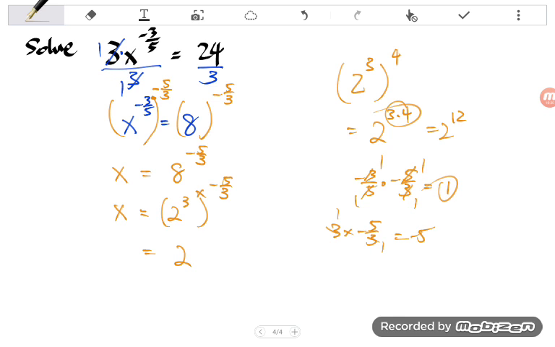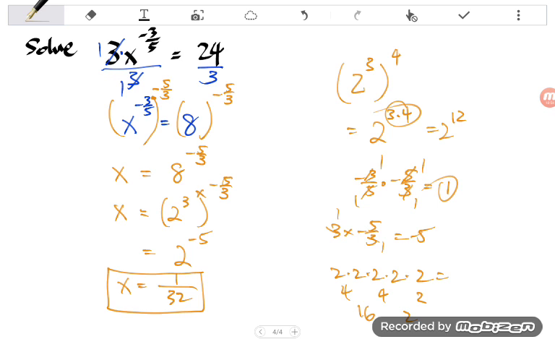Right? 2 to the power of negative 5. And this is not too bad now. The negative becomes a reciprocal, 2 to the power of 5, 2 times 2 times 2 times 2 times 2. That gives us 4, 4, 2, 16 times 2, so I will have 32. And that's my x. Alright?